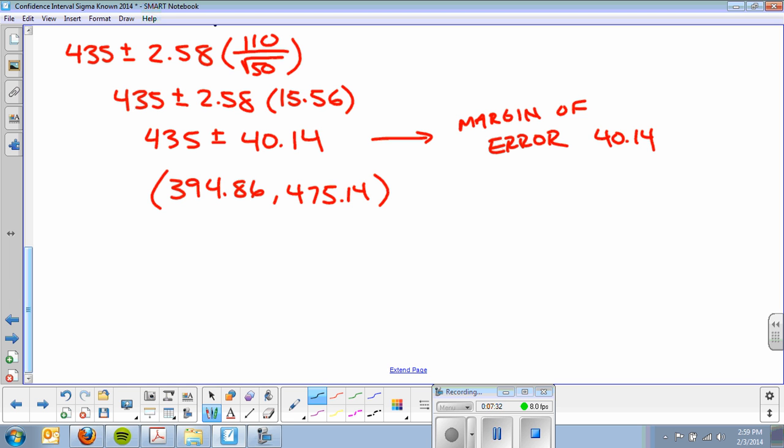And then the last thing I need is my conclusion, which again is my interpretation of that interval.